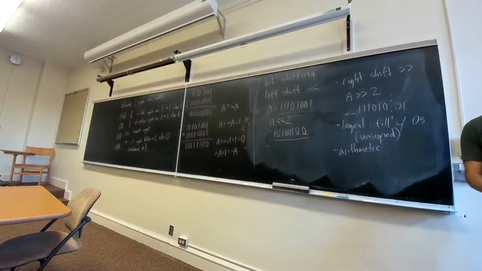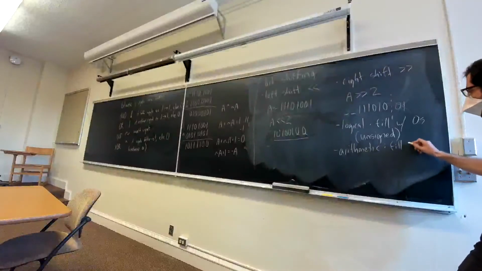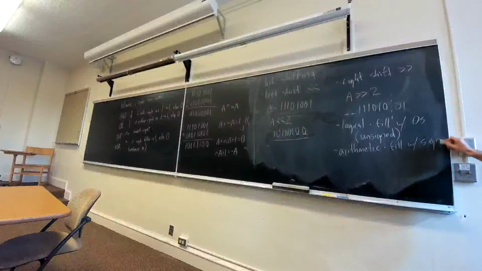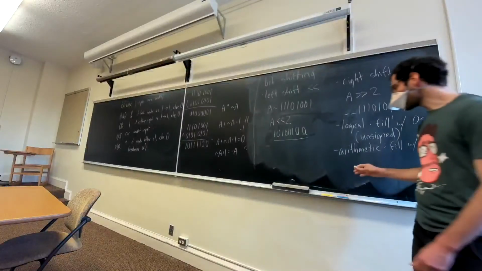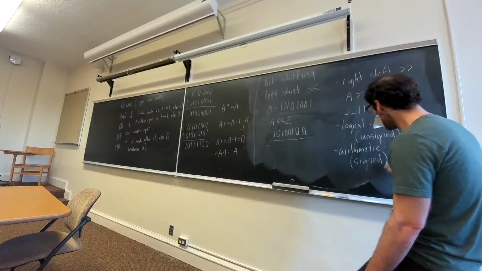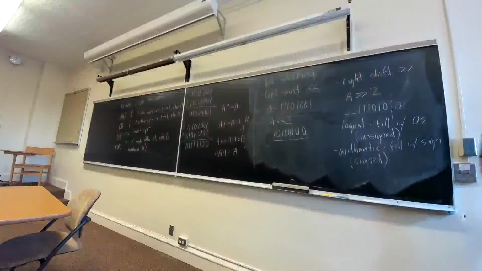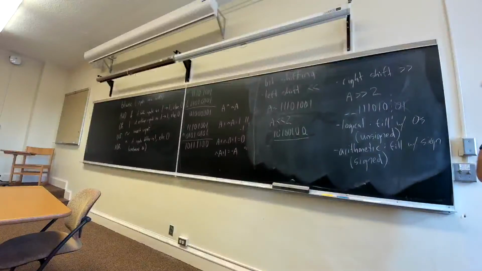We also have arithmetic right shift, which is going to fill with copies of the sign bit. And as you might expect, this is what is used when we are shifting a signed quantity.